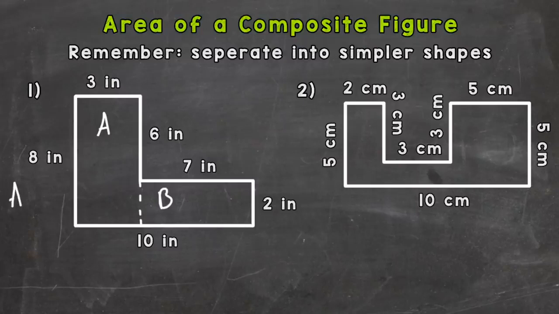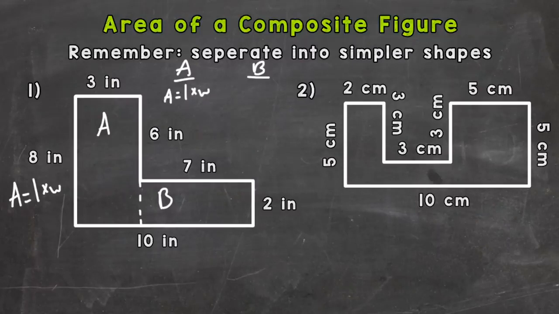I know that to find the area of a rectangle, area equals length times width. So now let's find the area of our rectangle A and rectangle B.